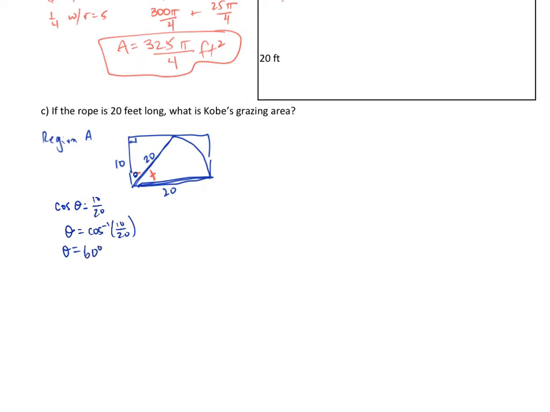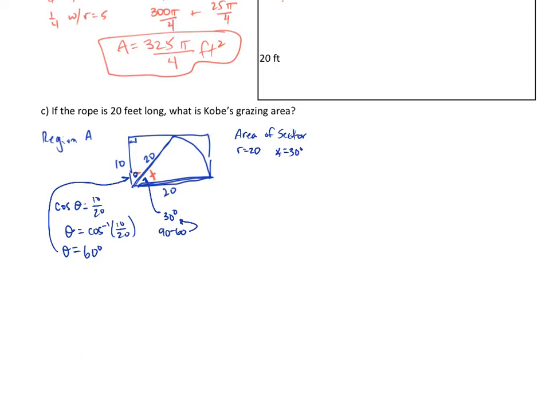So this angle in here is 60 degrees, which means that angle right there will be 30 degrees, because we said 90 minus 60. All right, so now we've got the sector of the circle. So I can find the area of the sector, and that's going to be a radius of 20, and our angle is 30 degrees.